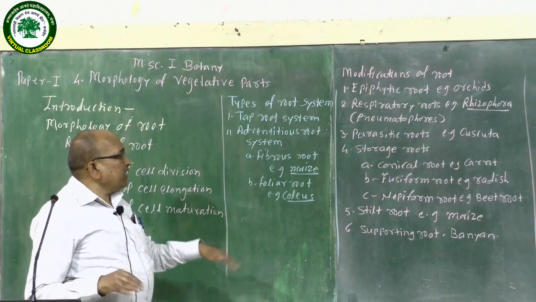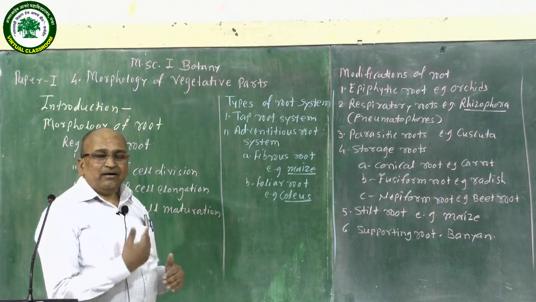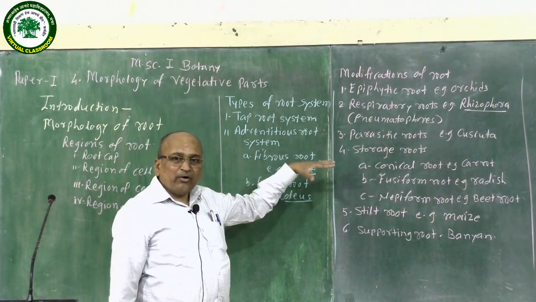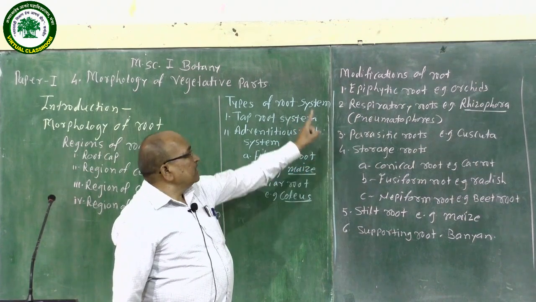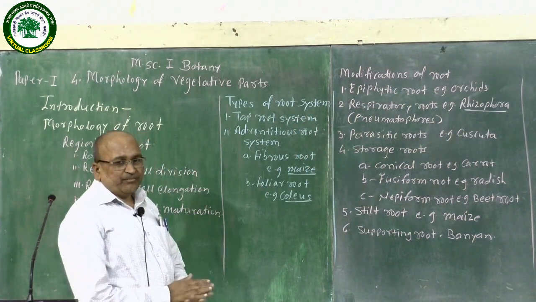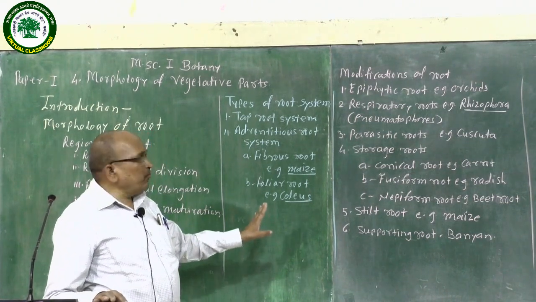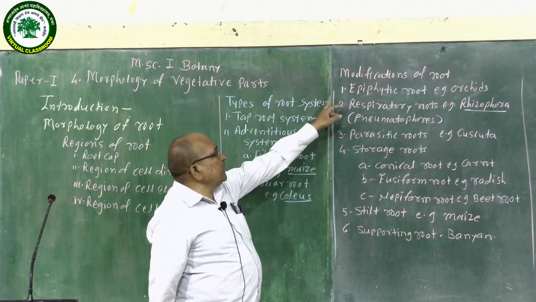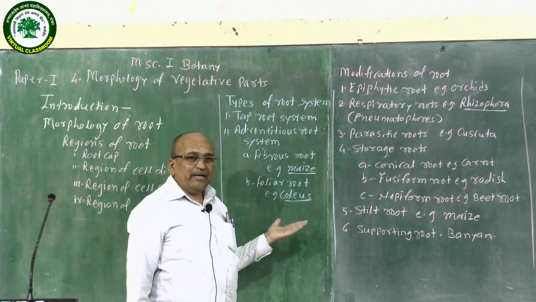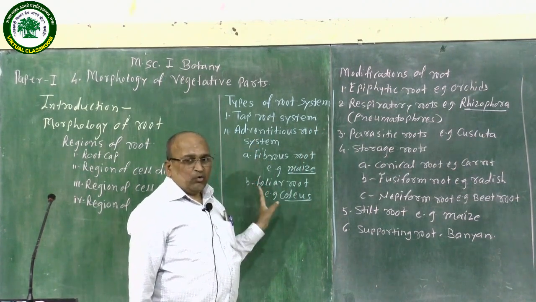But for different functions or different environmental conditions, there are some modifications in the root system. Near about 5 or 6 types of modifications are found in the normal root system. They may be taproot or they may be adventitious root.